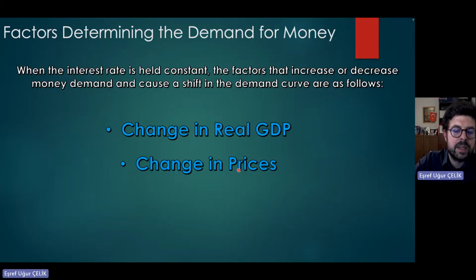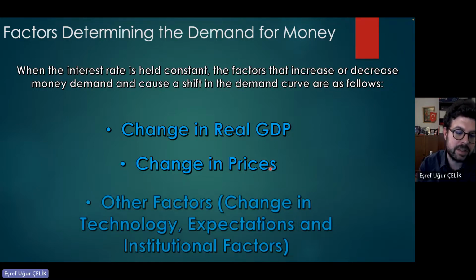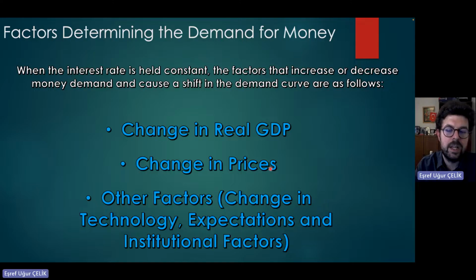The second one is the price level or general price level. We already talked about it in previous slides. And the other factors are the technology level, our expectations about the future, and institutional factors.